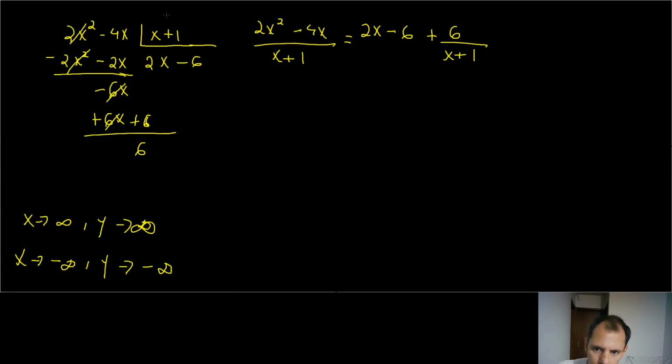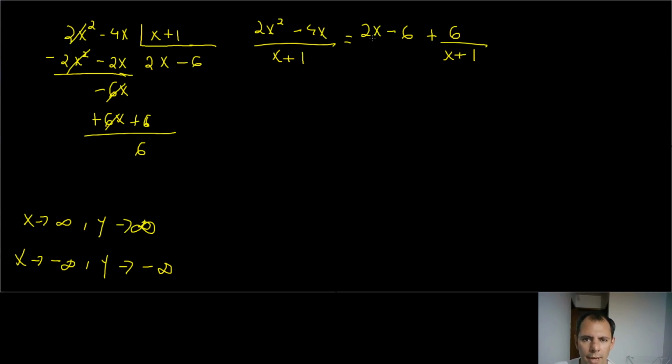Now look at this. Why did I do this? Well, we know that this is going to approach infinity. So when you plug infinity into x, you're going to have here 2 times infinity. That's infinity. But let's forget about the limit for a second and think about the graph. What is this going to approach as x approaches infinity?